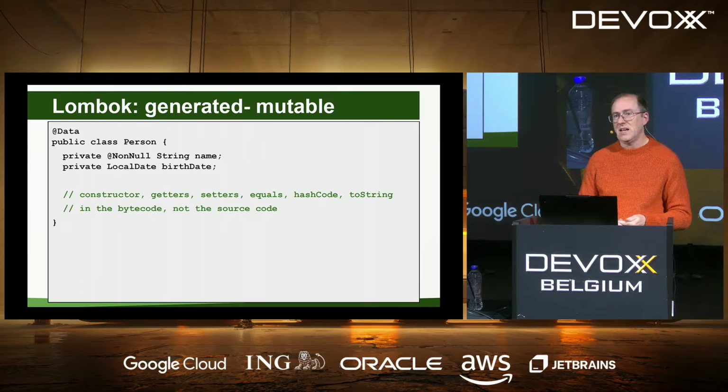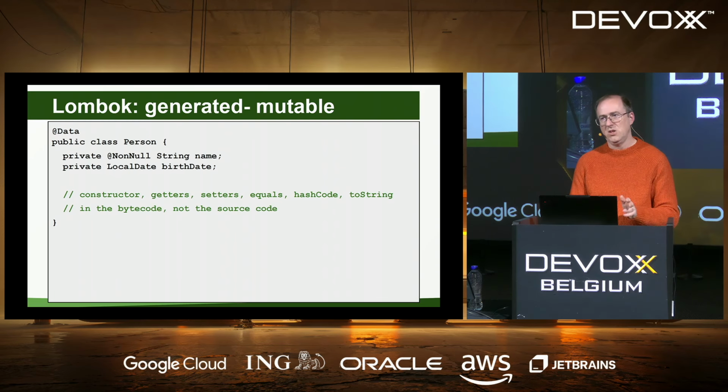So you write @Data, and that's your mutable one. You can specify the @NotNull, and all the stuff gets generated in the bytecode, not in any kind of source code. So you can't see what it's generated. You can use delombok to do that if you need to, but generally you can't see it, which means you can't debug it generally.